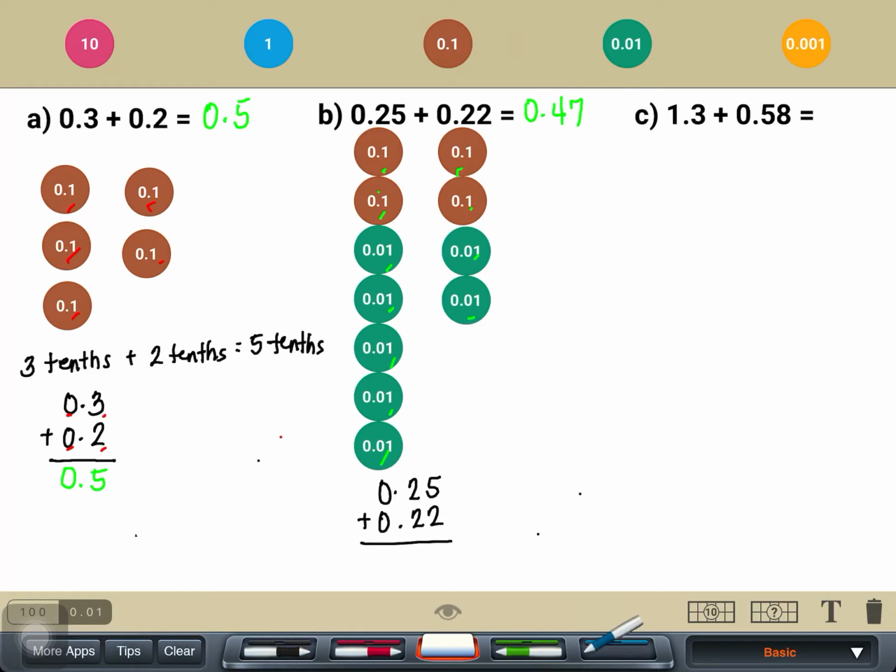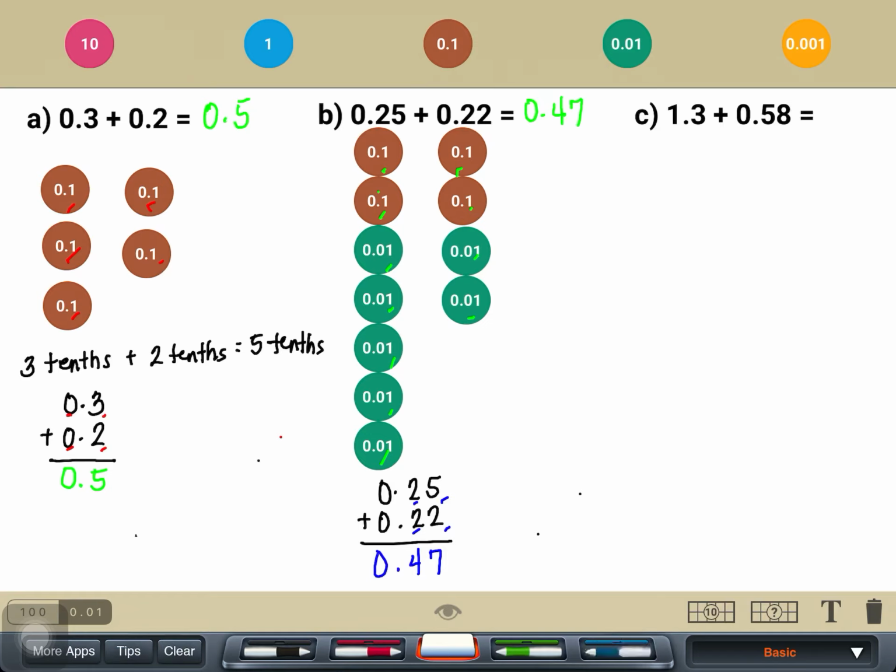That would mean we always start with the smallest place value here. That would be 5 hundredths plus 2 hundredths which is 7 hundredths, and then 2 tenths plus 2 tenths, which is 4 tenths, and there is no whole number.